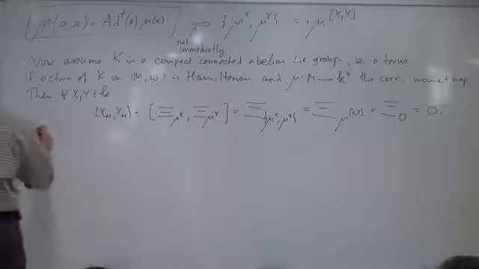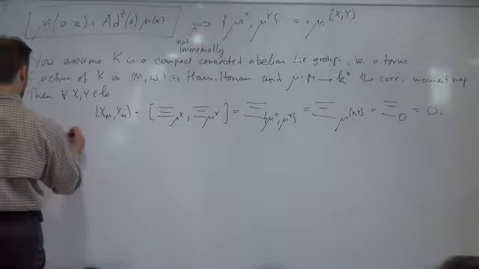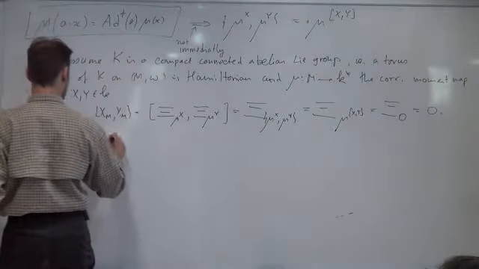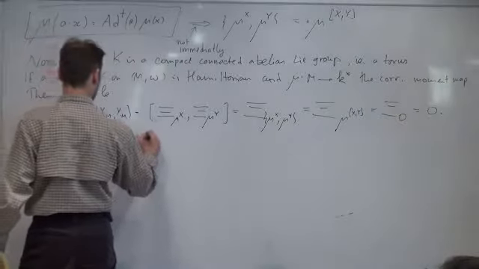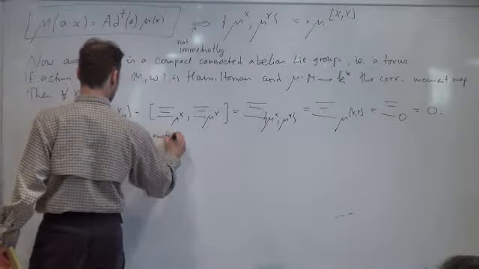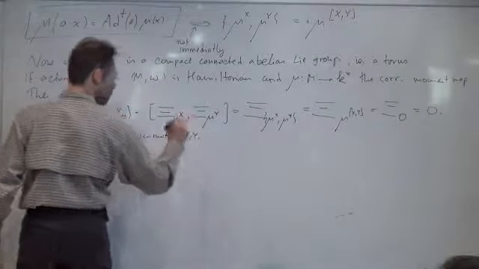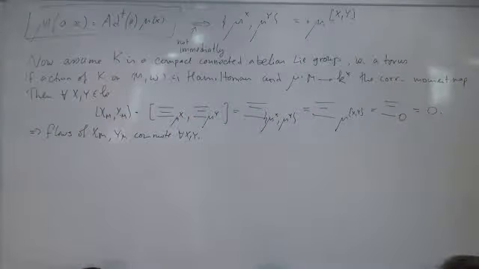So the flows of x_mu, y_mu commute for any x, y. Remember in the first lecture I started with n commuting Hamiltonians. Now I'm not picking them.